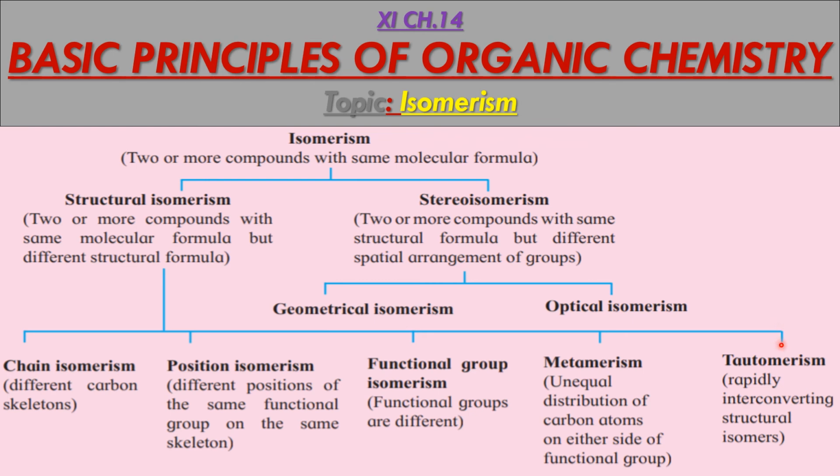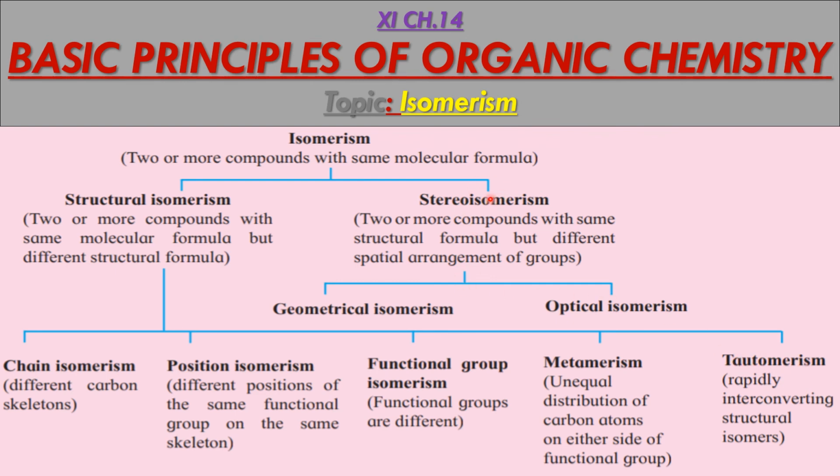That means it is actually the same compound but with different structures, and these two structures rapidly interconvert into each other because of migration of a proton or hydrogen atom from one atom to another atom in the molecule. So it is called tautomerism, and such isomers are known as tautomers.